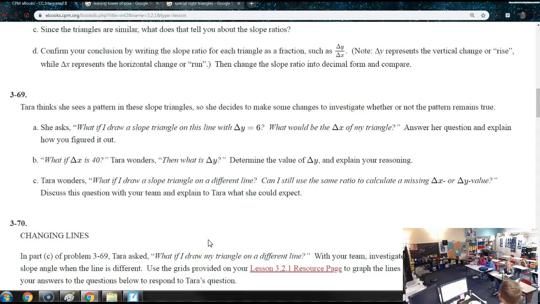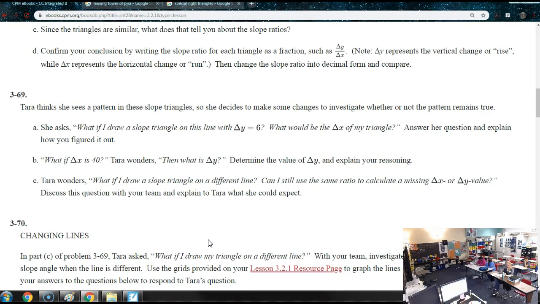Interesting. Times 9. So, Tara does think she sees a pattern, though. Tara's actually a friend of mine, Scott and Tara. They have a cute kid. She asked, what if I draw a slope triangle on this line with a y of 6? I don't think we got to a y of 6. What would her x be?